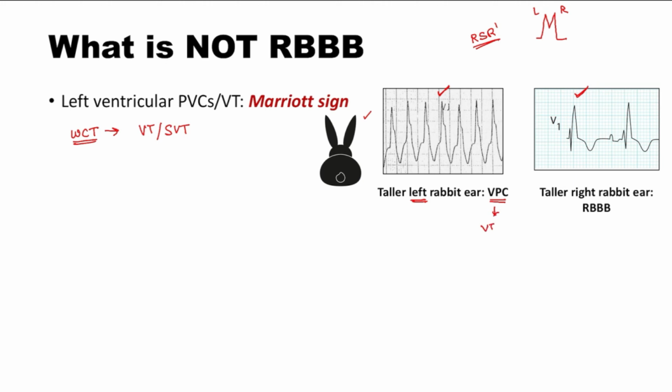Now, if you have got a tall right rabbit ear, it is suggestive of a right bundle branch block. Right means right.